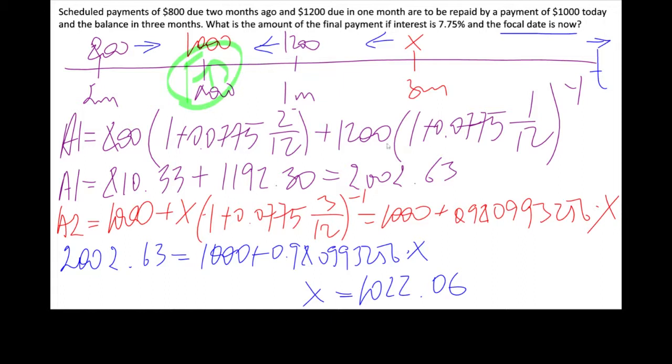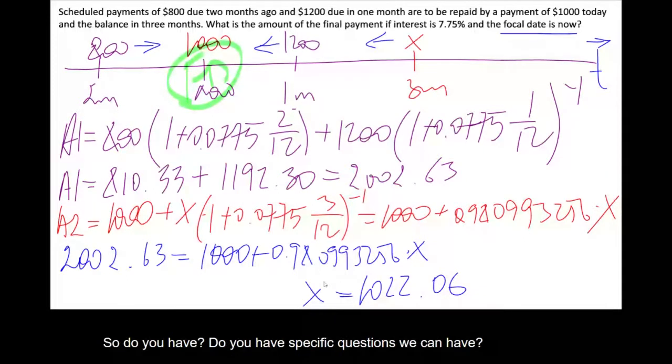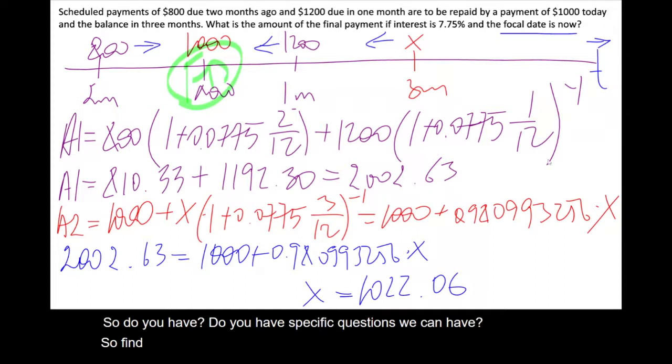In those cases, I don't know if I have to see if it's due or of, a for. Do you have a specific question? We can have a look. Give me the page and question number, and we will have a look at it.